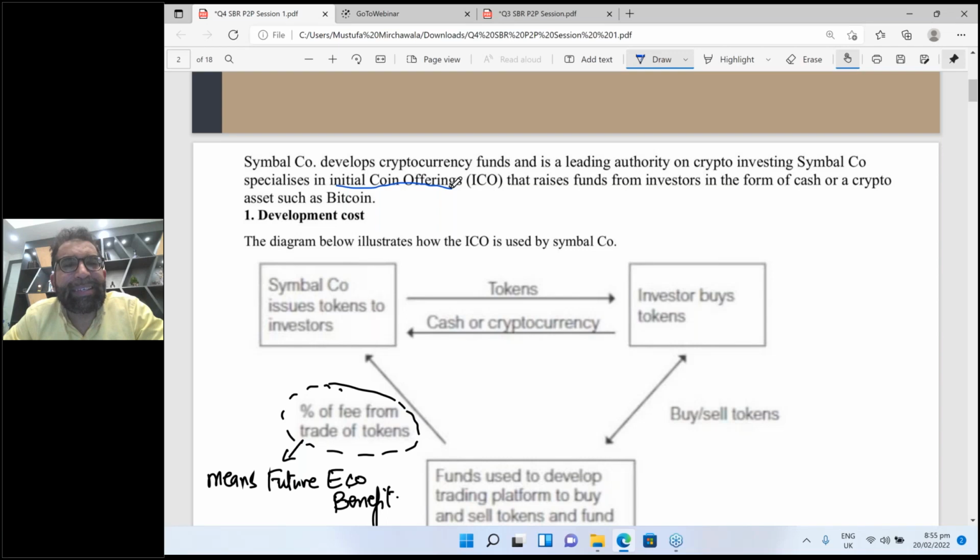This is ICO, right? Now companies offer digital coins, and they take cash in return. This topic is like crowdfunding, a slight touch of crowdfunding.